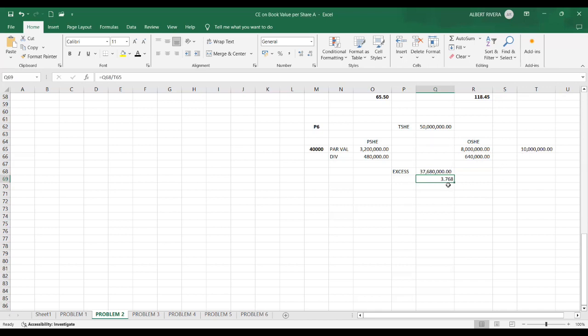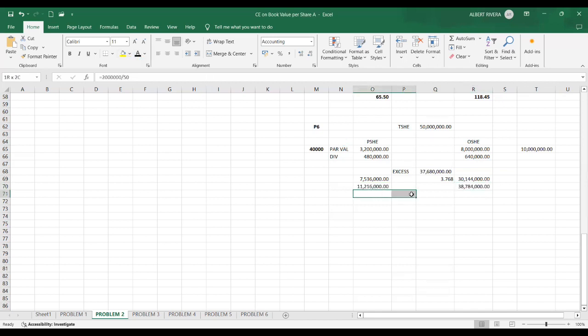So that is 3.768 times the par of 2 million. Okay, so this is the allocated amount for the preference. 3.768 times 8 million. So this is the allocated amount, and this is your total. Okay.